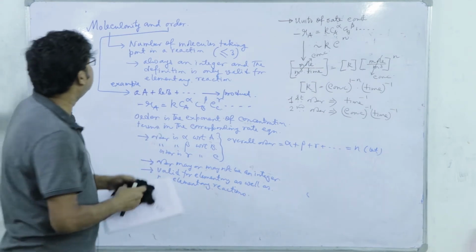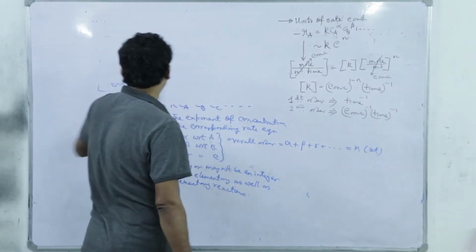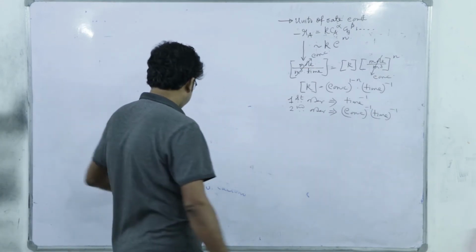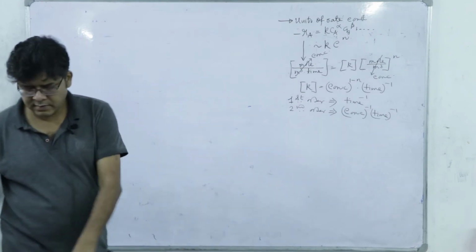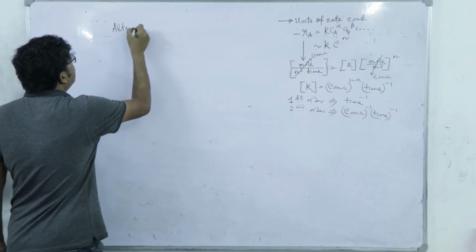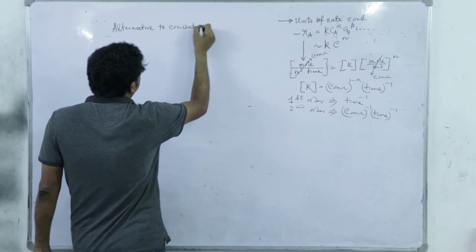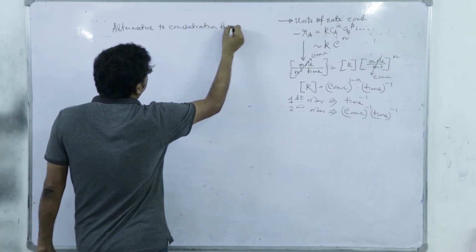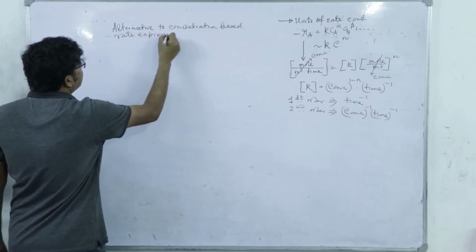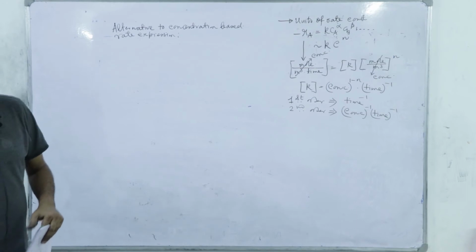Now see, instead of concentration for gas phase reaction in specific, we can use the partial pressure as well. You see, alternative to concentration based rate expression, here we can have partial pressure.